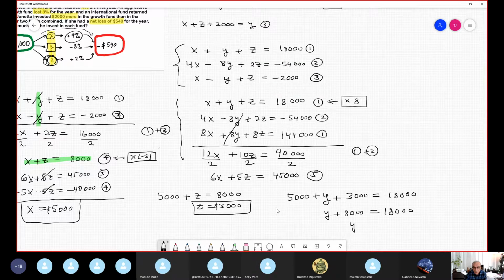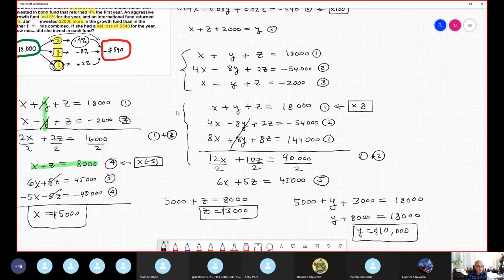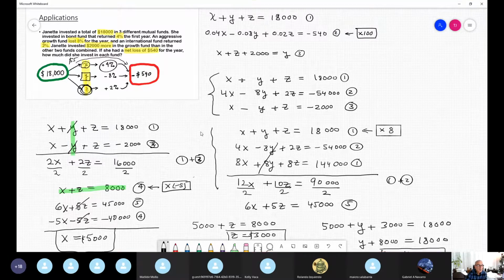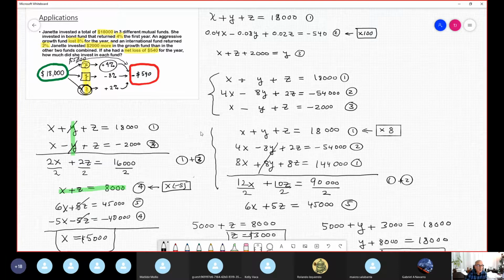Now subtraction, 18 minus 8 is 10,000. So the split of the money for Janet was: this money X was 5,000, this money Y was 10,000 and she lost the money, and this was 3,000.